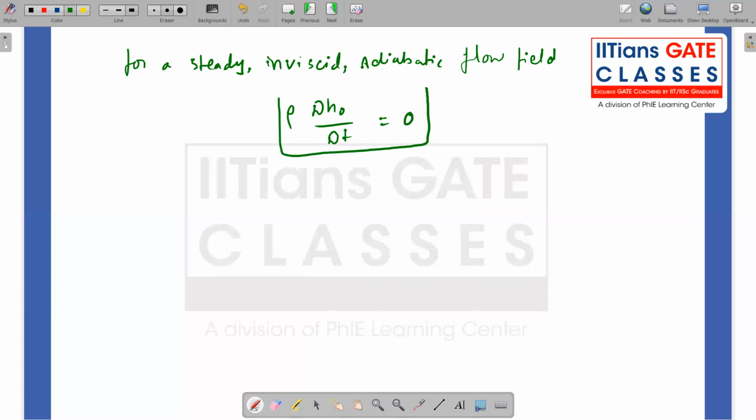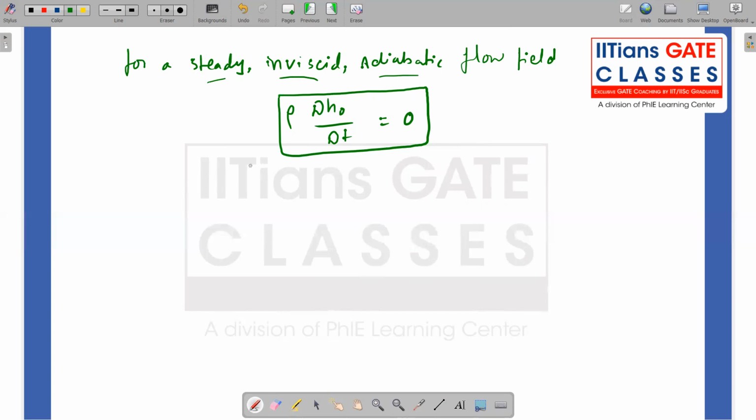This is the idea of stagnation enthalpy, where H naught is my stagnation enthalpy. So when I want to define a stagnation property such as stagnation enthalpy, you have to start your definition from a steady inviscid adiabatic flow. When it comes to rest, then the enthalpy which it attains is the stagnation enthalpy. So that is the full definition of stagnation enthalpy.